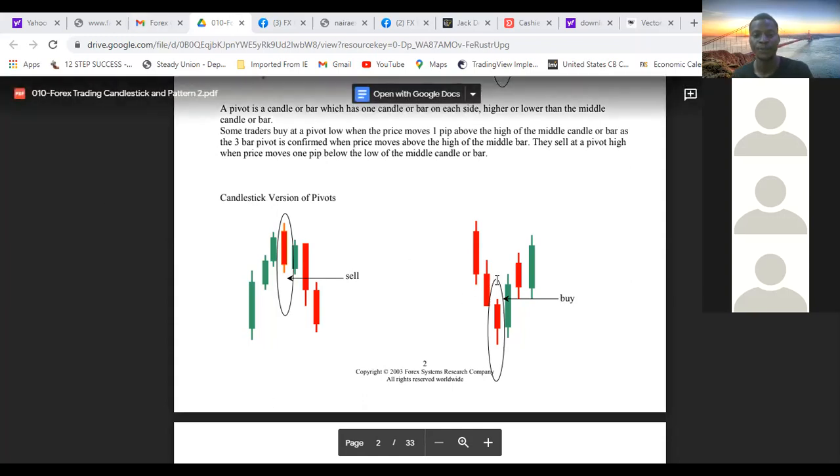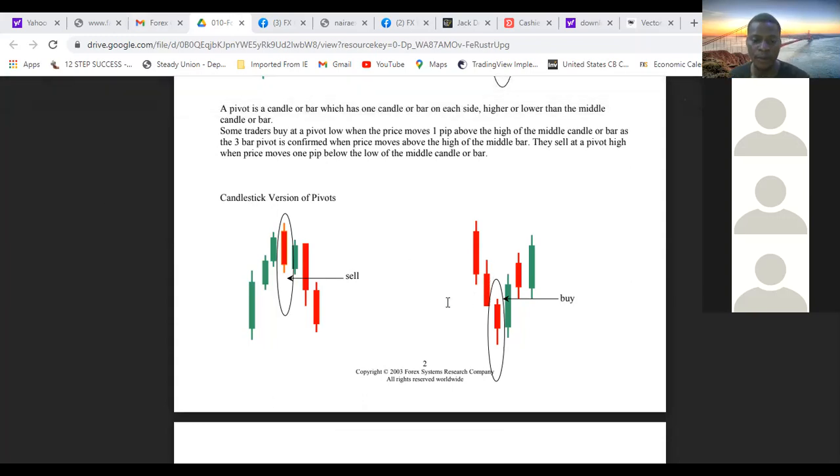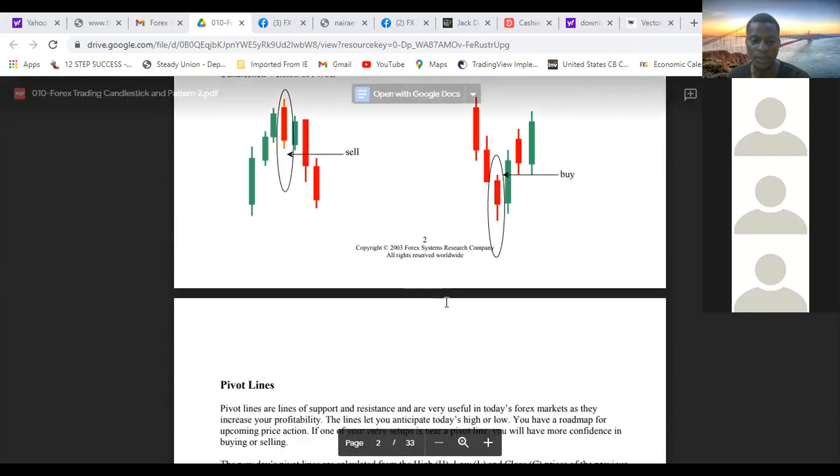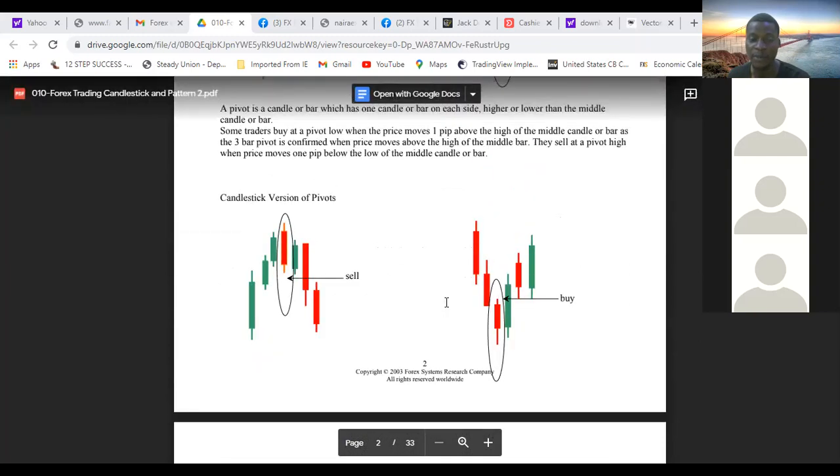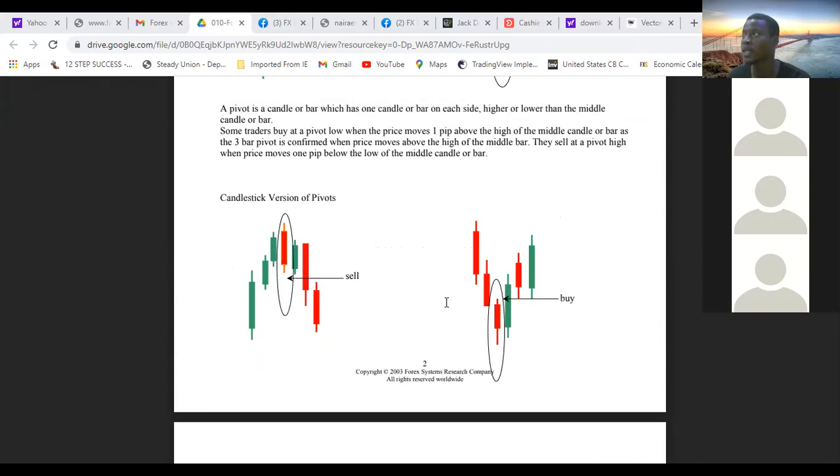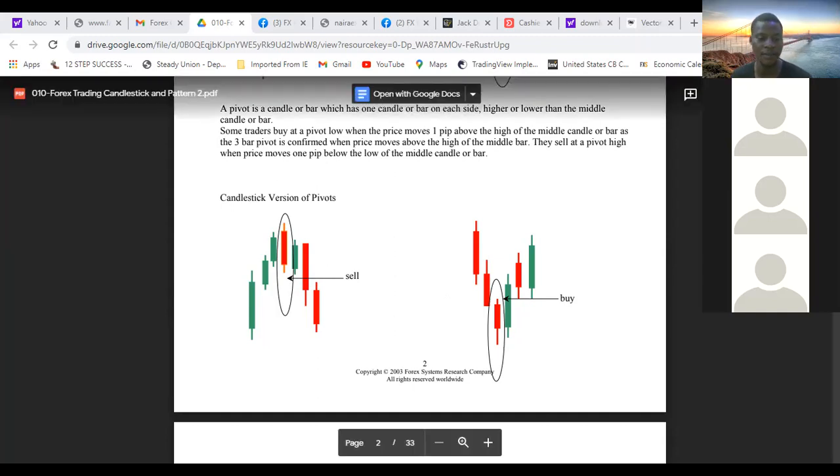You need to predetermine how much you are ready to risk. Let's say you want to risk $50 on a trade, and you see that the difference in pips from your entry to where your stop loss would be is 50 pips.